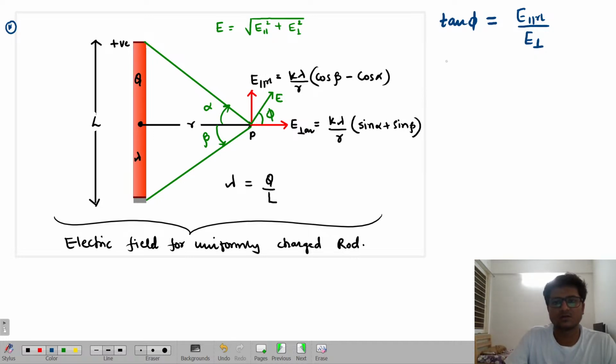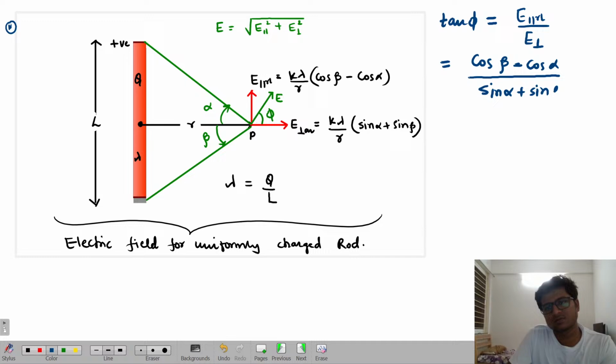E parallel is k lambda by r, and k lambda by r will get cancelled and I'll be left with cos beta minus cos alpha divided by sin alpha plus sin beta, isn't it? And you can solve that.